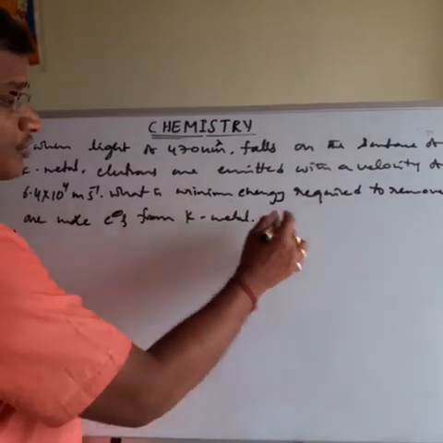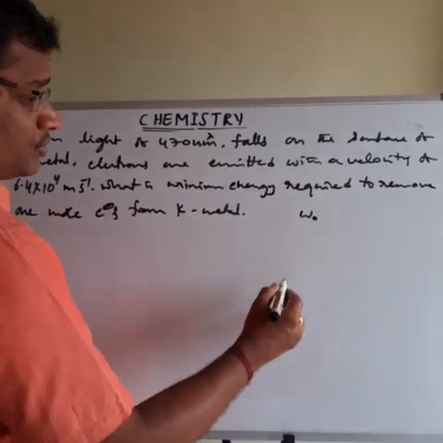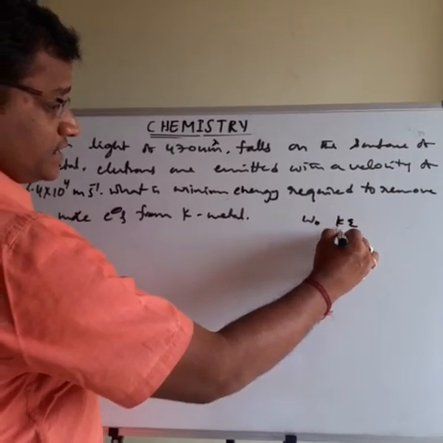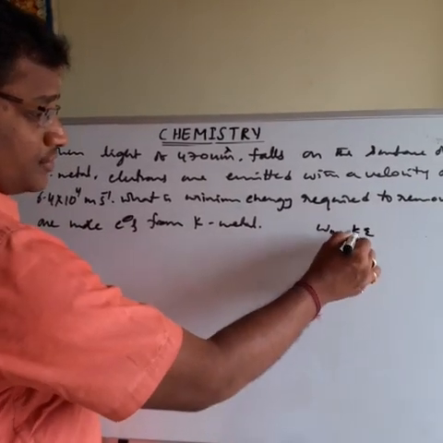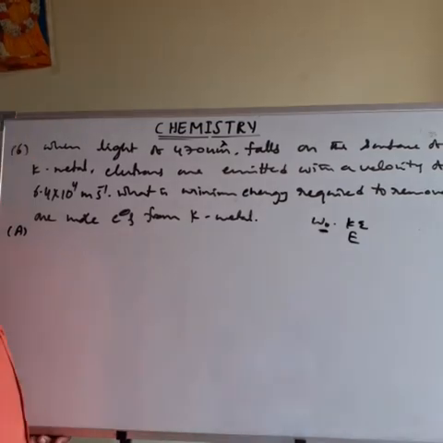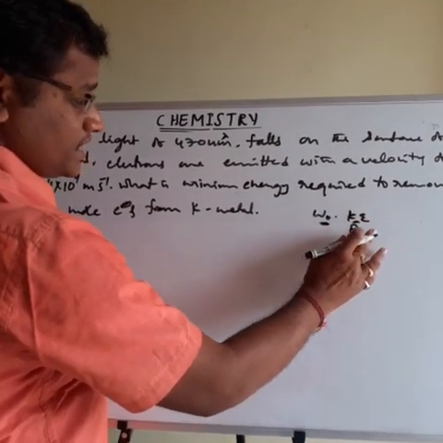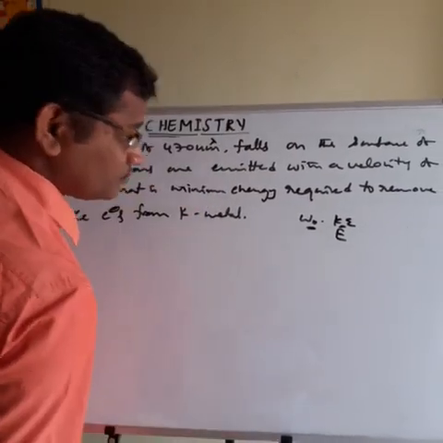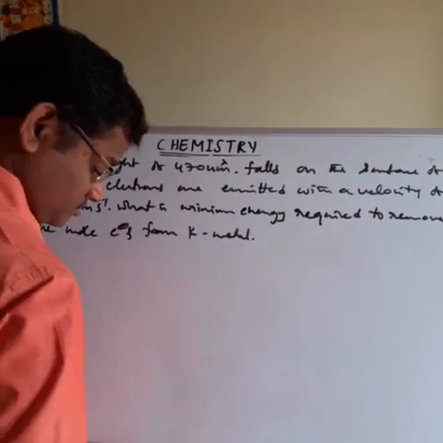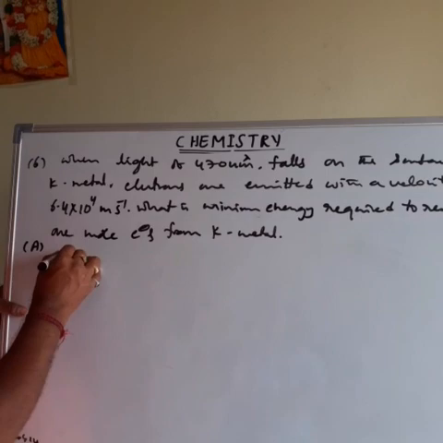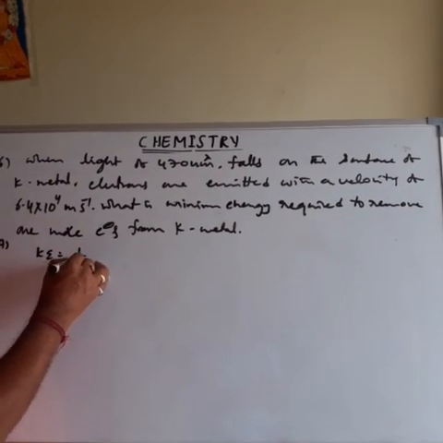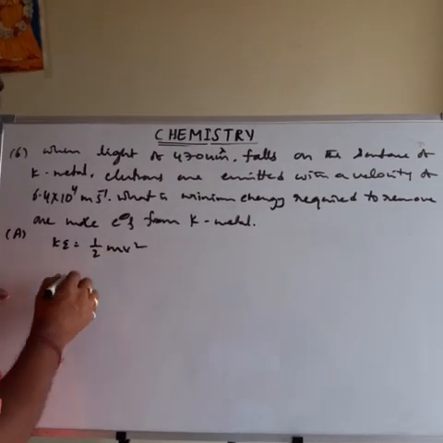Before going to W naught, first we find out the kinetic energy and the energy. By using these two values, we can find out the W naught value. Understood what I said? So first, what is kinetic energy we have to find out. Kinetic energy is equal to half mv square formula.